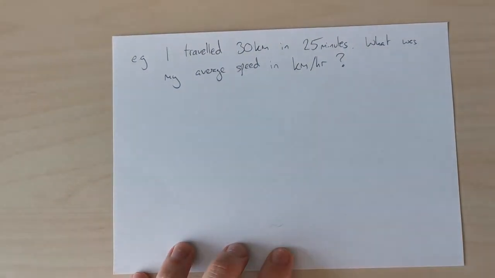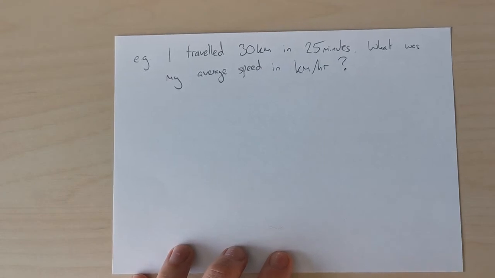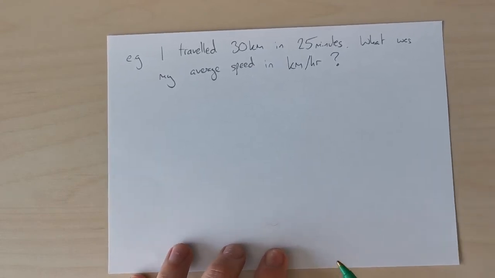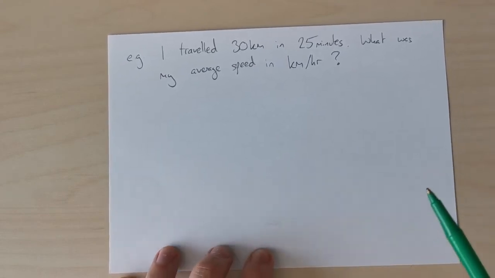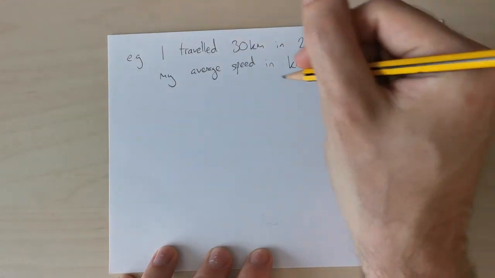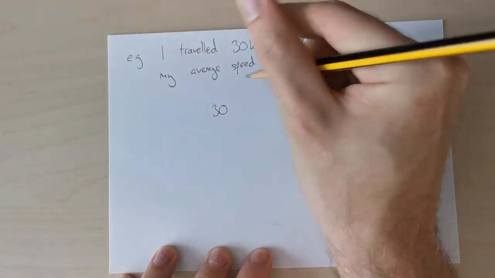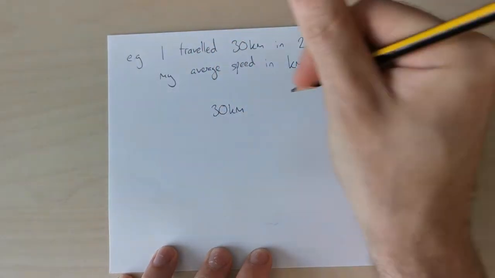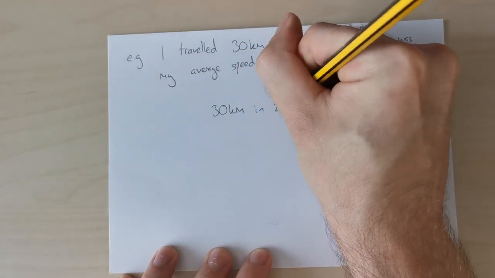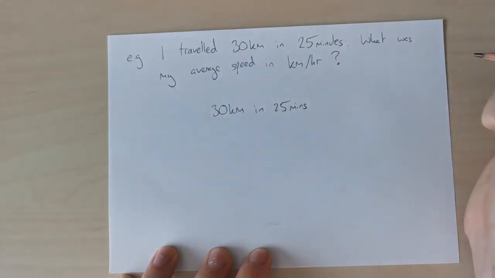Suppose I travelled 30 kilometres in 25 minutes. What was my average speed in kilometres per hour? So what I'm going to do here, I'm going to just set this out in a very similar format to before. So 30 kilometres in 25 minutes.